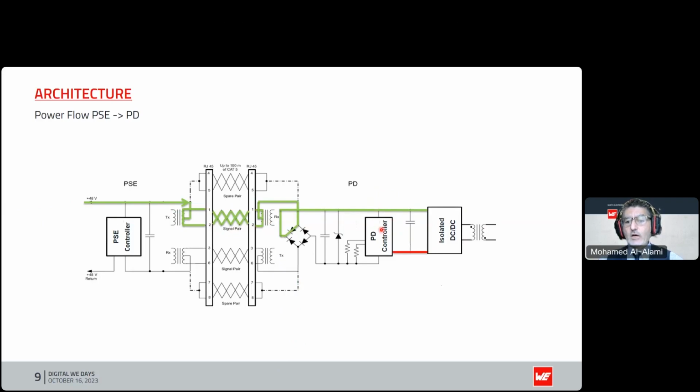We'll talk about the PD controller and the isolated DC-DC in a little bit. Then the current comes back through the other data pair. Same route, pretty much, but of course in the reverse direction, and that returns the power to the PSE. So the current flow is in green, and the positive returns on the negative polarity supply.